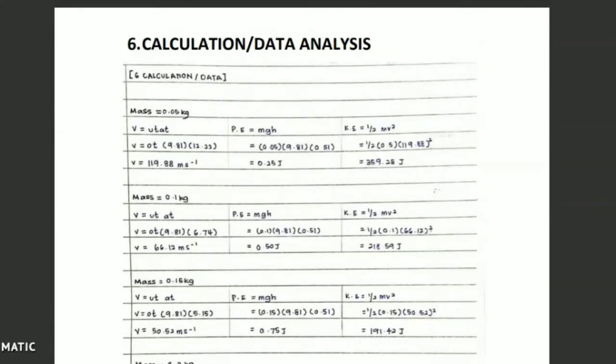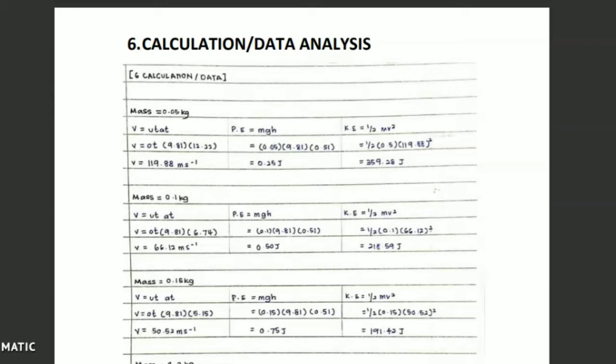So for the calculation, we use the same formula. For V, we use the formula v = u + at. For potential energy, we use the same formula too, which is mgh, mass multiplied by gravity and height. Lastly, for kinetic energy, we use 1/2 multiplied by mv squared, which is mass and velocity.